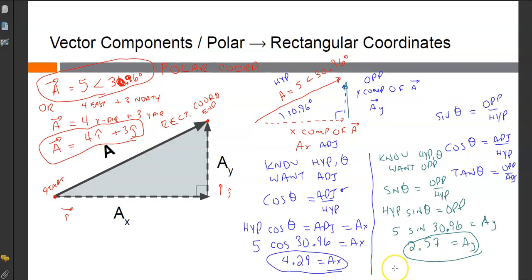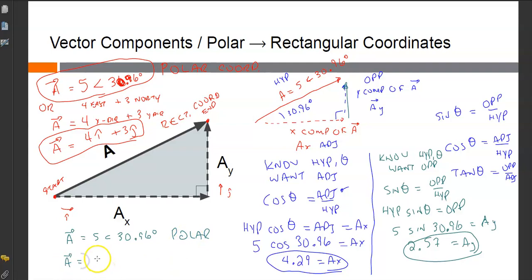So that's kind of neat. I could now take the x component and the y component, and I could write this vector. Initially, we said that A was 5 at an angle of 30.96. That's the polar representation of it. It gives me the length and the angle. You've got polar; I want the rectangular.